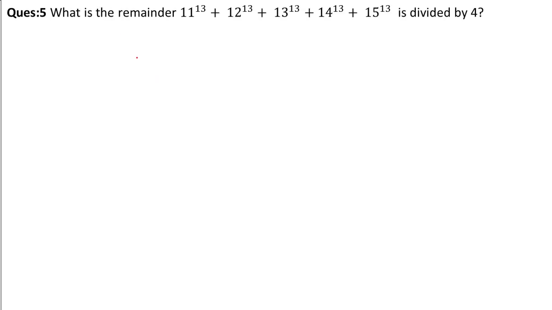So let us move to the final question. What is the remainder when 11 to the power 13 plus 12 to the power 13 plus 13 to the power 13 plus 14 to the power 13 plus 15 to the power 13 is divided by 4? So again a problem solving question. The option choices are A cannot be found, B 0, C 2, D 1 and E 3.